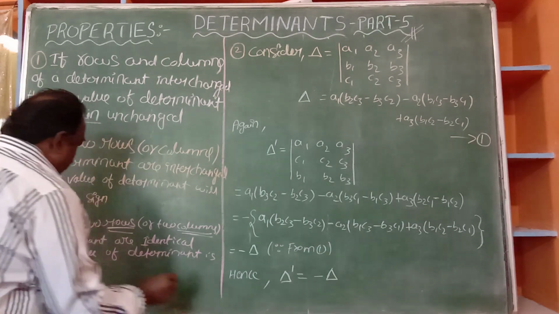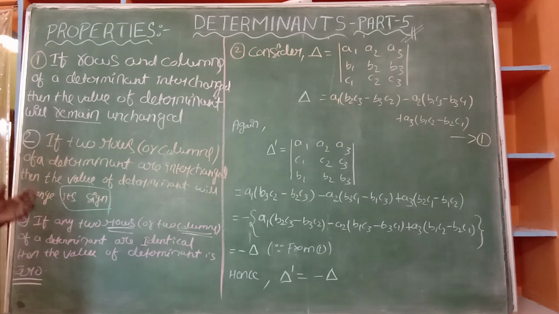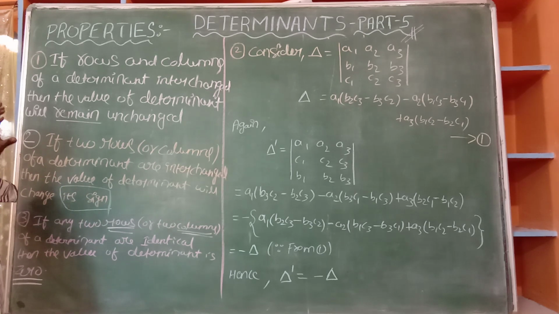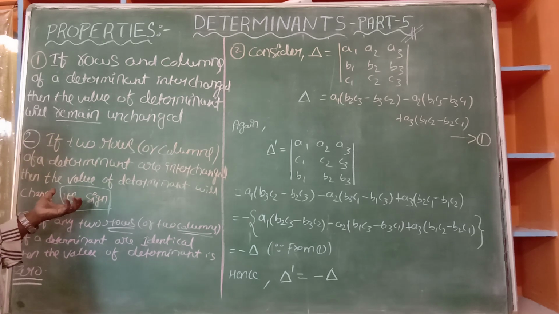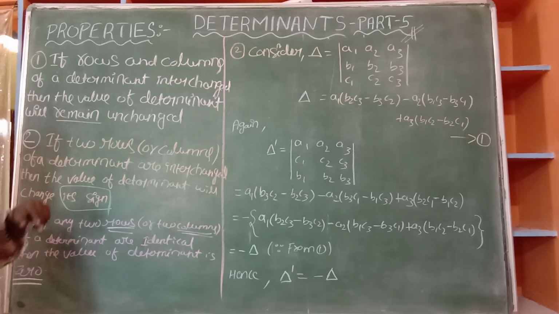Its sign only changes. If the given determinant value is plus, then we will get minus. If the given determinant value is plus 10, then we will get minus 10, when two rows or two columns are interchanged.